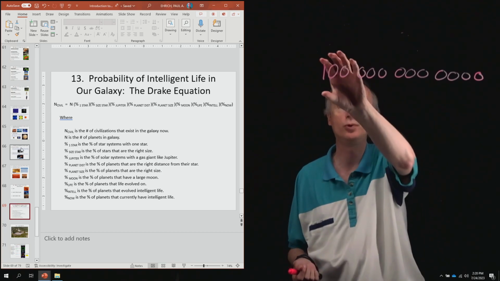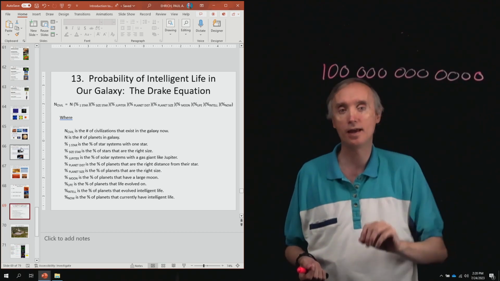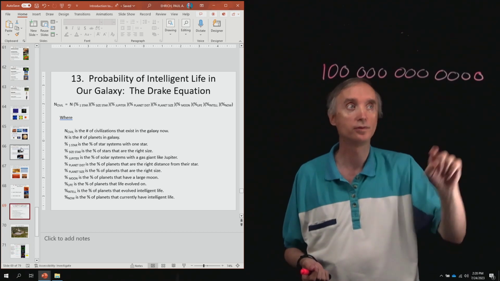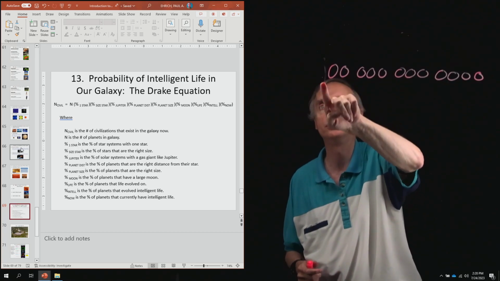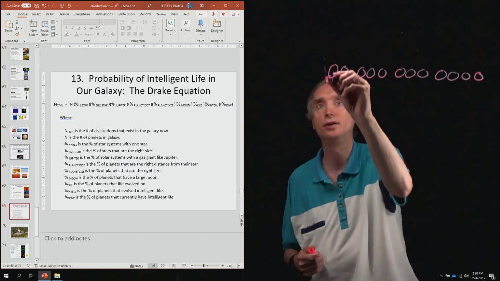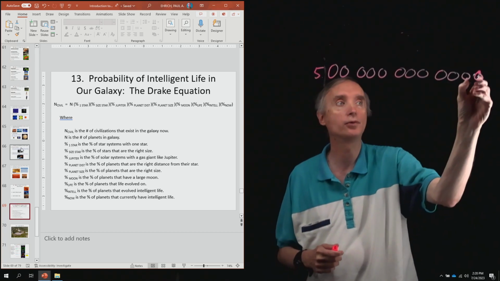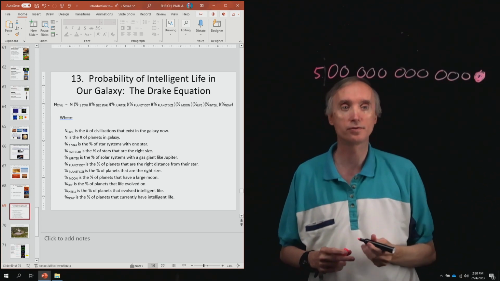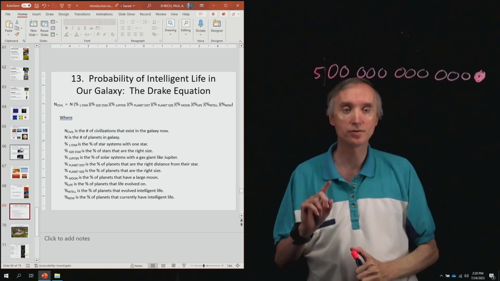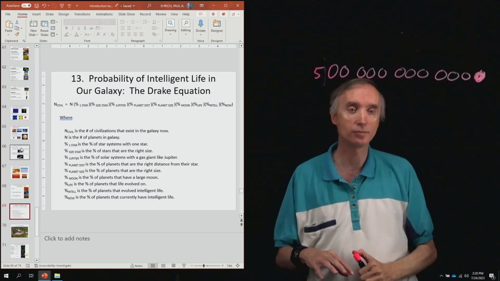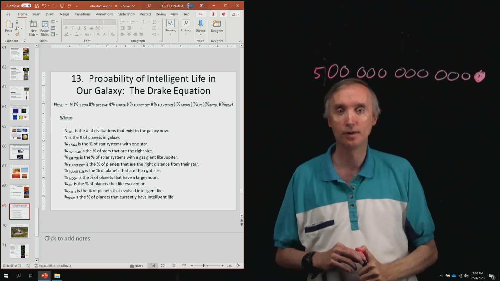So we could take this number and divide it by 2. If we divide this by 2, then that changes this to a 5, and then we can get rid of one of those zeros. So now we're down to this many one-starred solar systems in our galaxy.